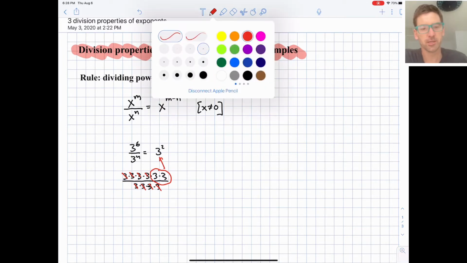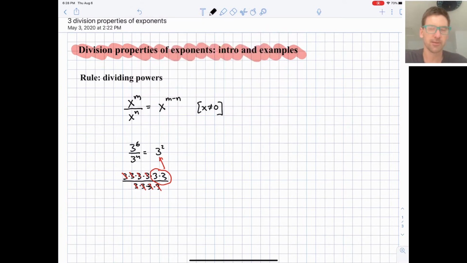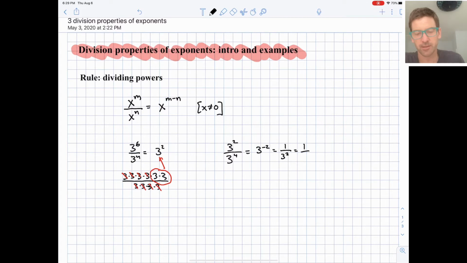Okay, so this works also if we have more 3's in the denominator. In other words, if we're going to end up with a fraction less than 1, let's take a look at it. If we have 3 to the 2nd over 3 to the 4th, we can still subtract the exponents, and we get 3 to the negative 2, which is 1 over 3 squared, which is 1/9.